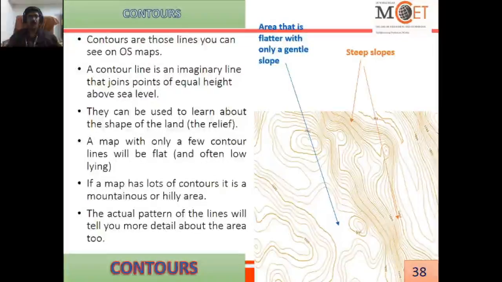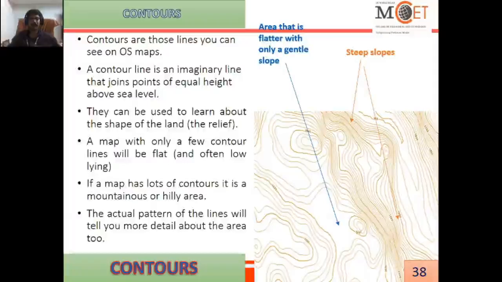How the terrain is: slopey terrain, normal slope, flat terrain, a continuous slope, or a rugged terrain with ups and downs. Everything, the contour will show how the terrain is.